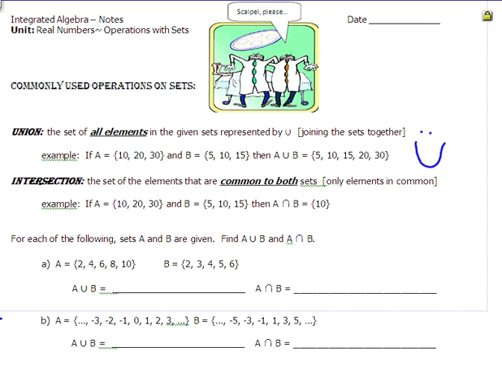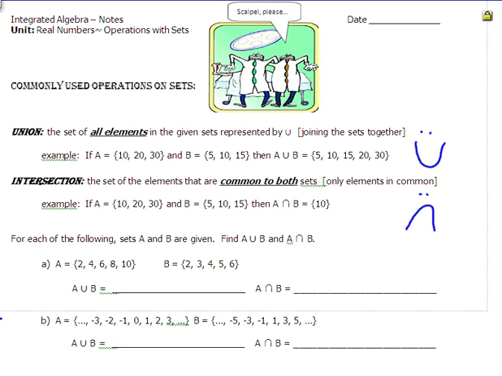The intersection is the set of elements that are common to both sets. And the symbol is the frowny face. Okay, because he's a little crabby and he's saying, nope, can't join unless you're in both. You have to be in both A and B to be part of the intersection.